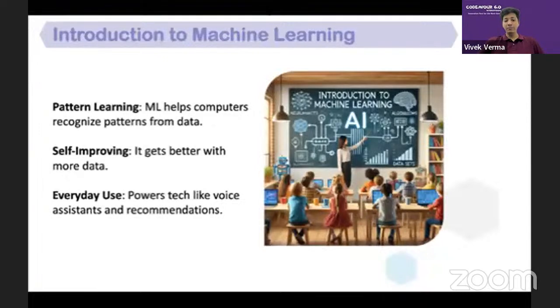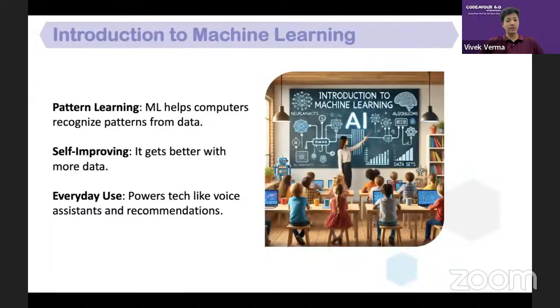Okay. Then moving towards the third part, which is the everyday use. So we have seen machine learning in our everyday use. We have Siri, we have Alexa, we have Cortana, we have Google Home, we have a lot of these AI assistants, who have been working with us for past so many years, who understand our command using machine learning.